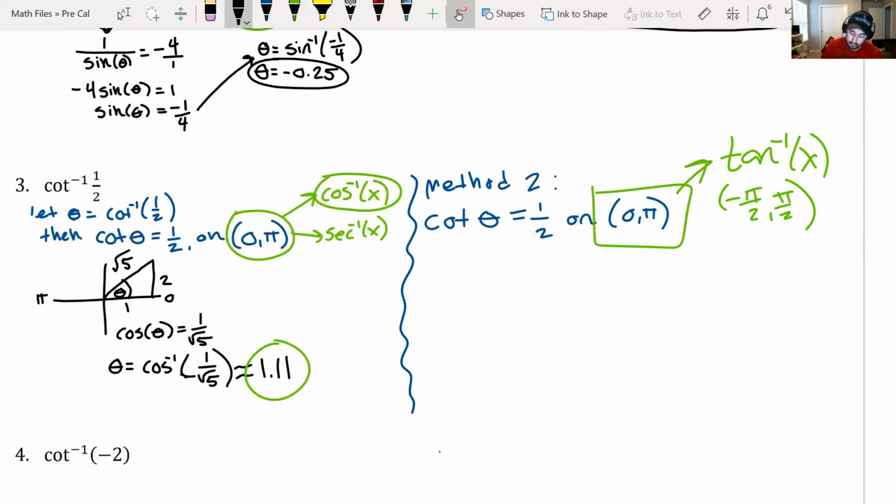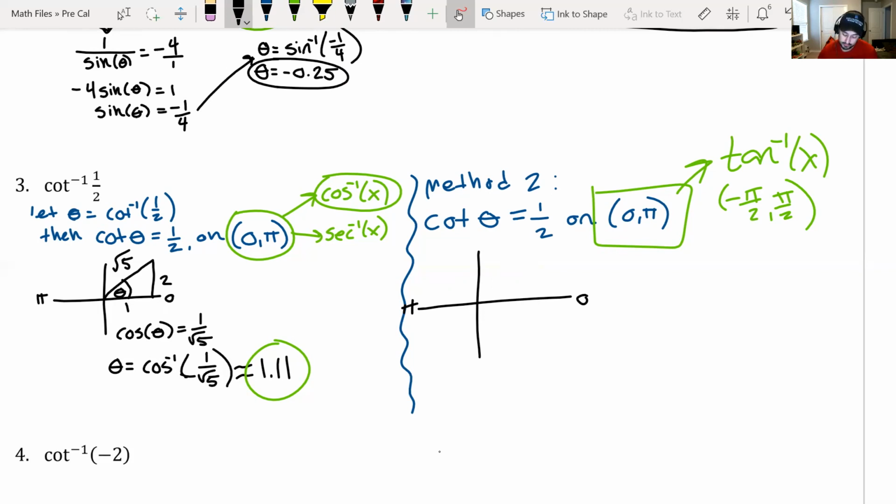So I'm going to go back and draw our unit circle. All right. So remember, cotangent lives from 0 to pi. So cotangent lives in quadrants 1 and 2. Well, our 1/2 here happens to be positive. So again, this means we have to be in quadrant 1.